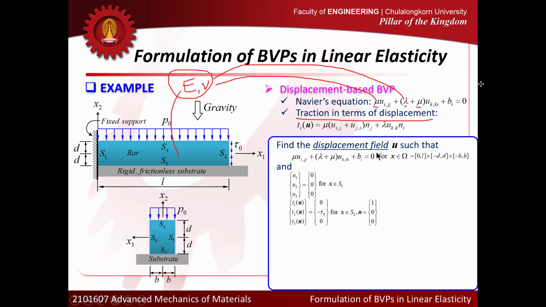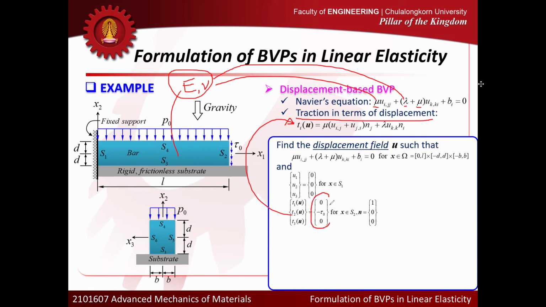So we need to express traction in terms of the displacement, and then verify it against the prescribed traction. I need that relationship to convert displacement into traction, and then I check that condition. This is the boundary condition on the surface S2.